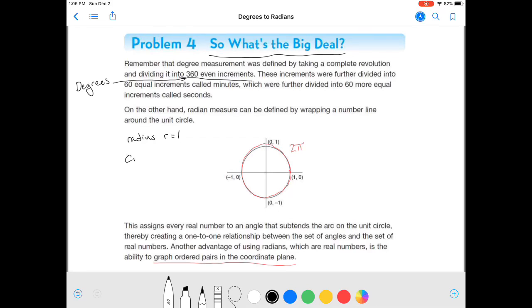and we know the equation for circumference is c equals 2 pi times our radius. So we're going to rewrite that. We have 2 pi times the radius. And we're going to replace that radius with 1 unit.